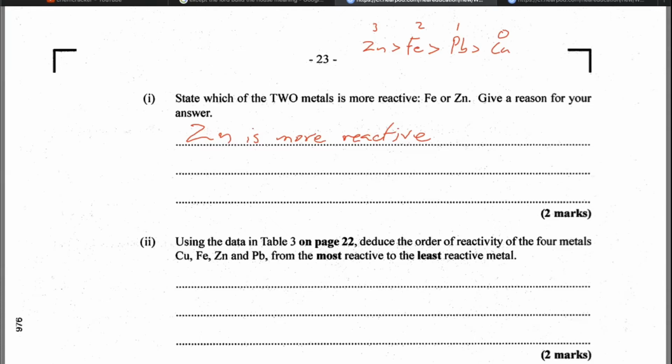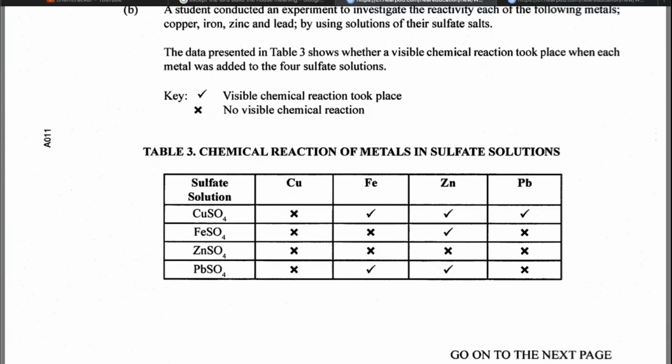There was a visible reaction when zinc reacted with iron sulfate. On the other hand, when iron reacted with zinc sulfate, the iron did not displace zinc. So we want to just make a note of that.